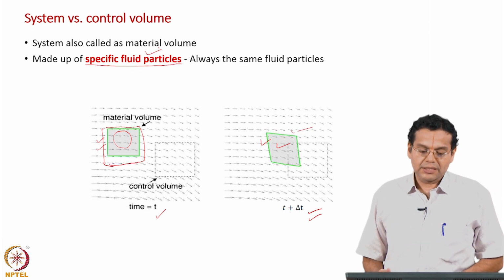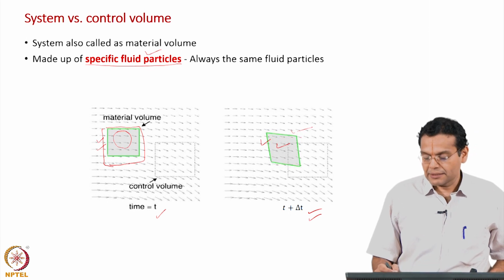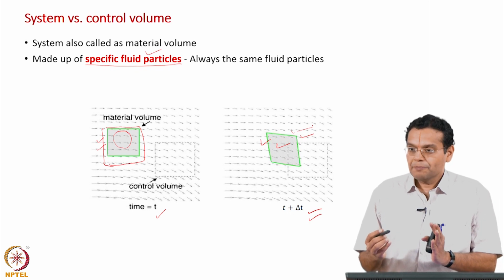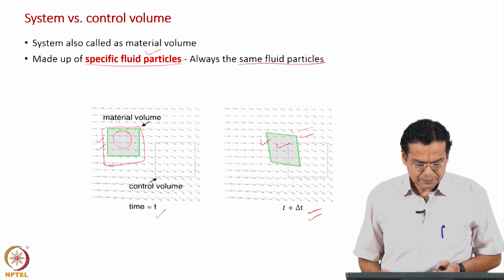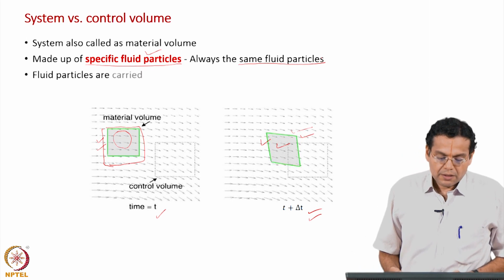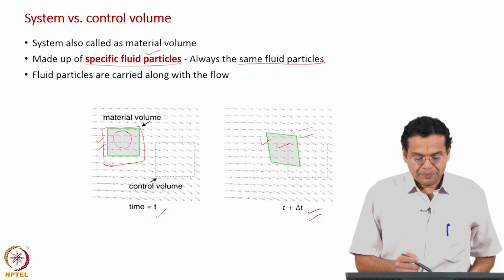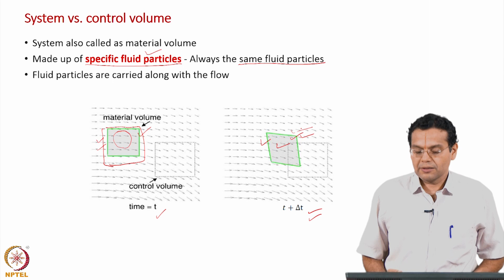As an entire region that may change in shape, etc., but we always keep focusing on those, let us say 100 particles, always the same fluid particles. Now, of course, as I told you, the fluid particles are carried along the flow, and that is why there can be some change in shape, etc.